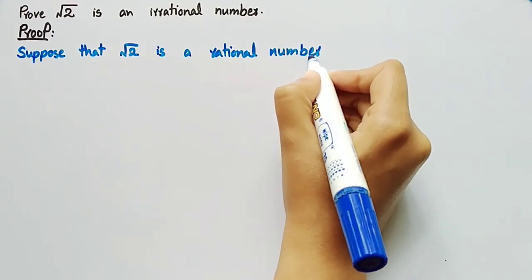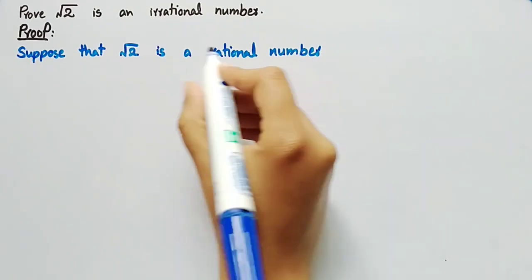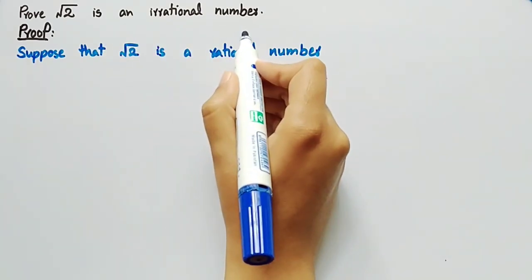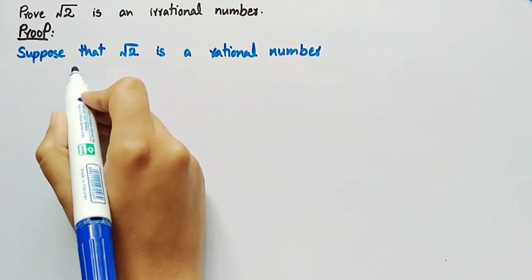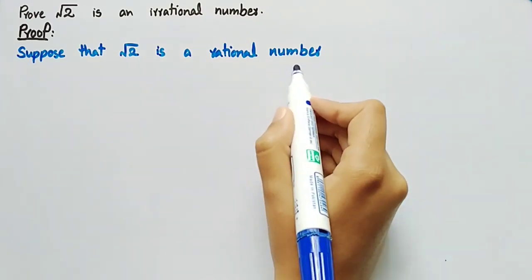We have to prove that square root 2 is an irrational number. But on the contrary, we suppose that it is a rational number, since we want to prove it by the contradiction method.